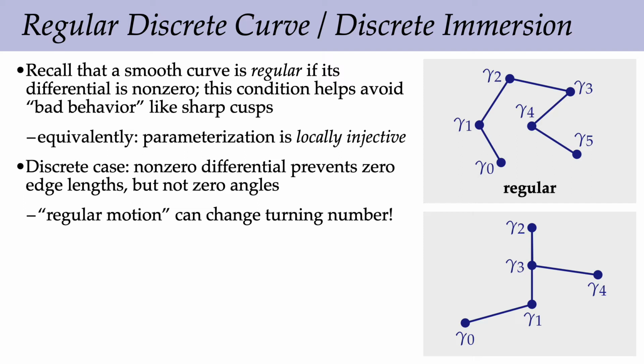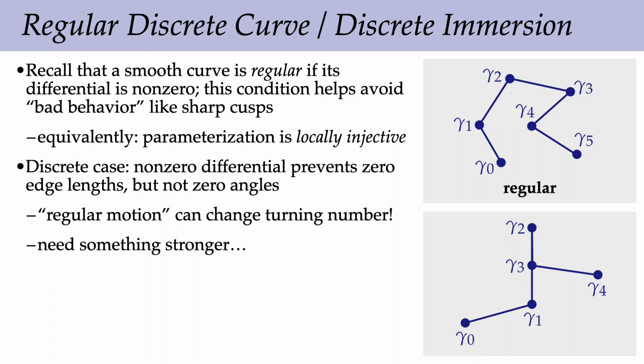The curve kind of passes through itself, and the turning number might go from 0 to 1 or 1 to 2 or whatever. So in other words, if we accept this very naive definition of a discrete regular curve, we lose this idea of the Whitney-Graustein theorem. And so if we really want something that nicely captures what's going on in the smooth setting, we need a little bit stronger, a little bit different definition.